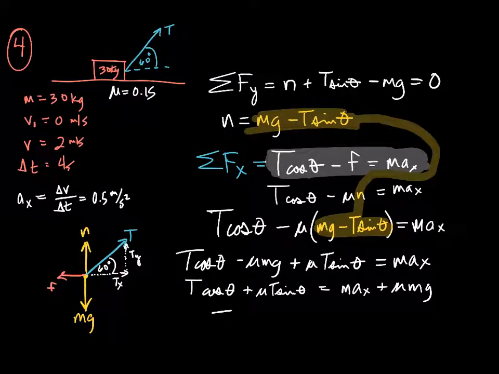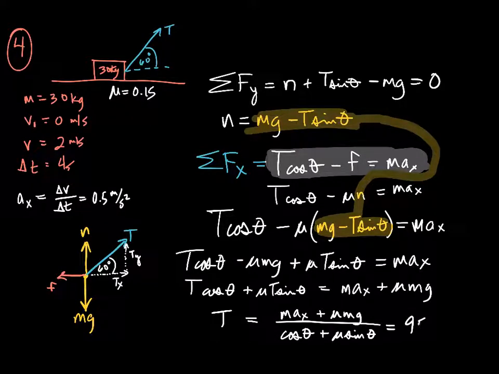So T will equal (max plus mu mg) over (cosine theta plus mu sine theta). And if you plug and chug all that into that equation, you should get 95 newtons. That would be the tension in the rope.